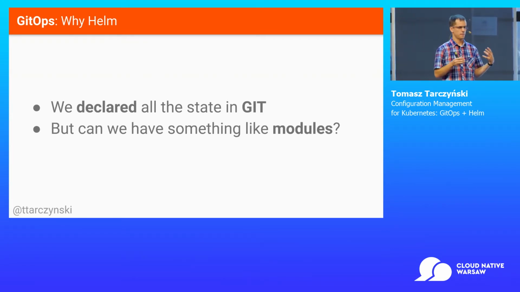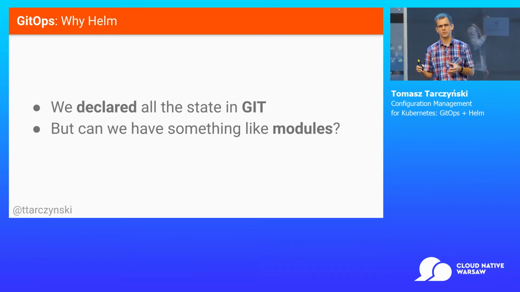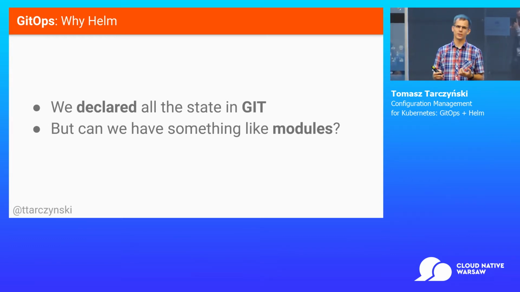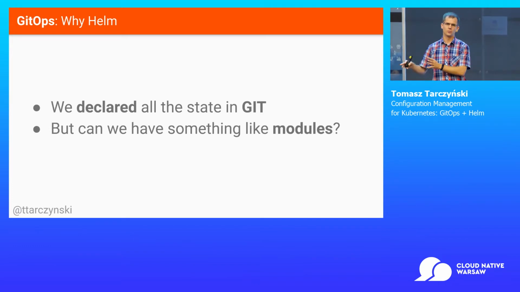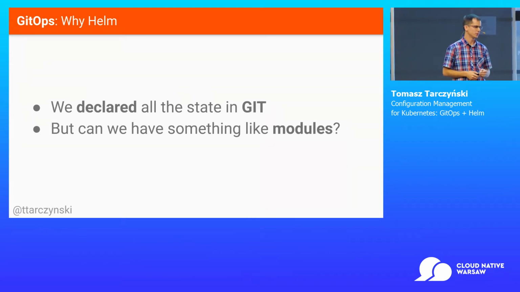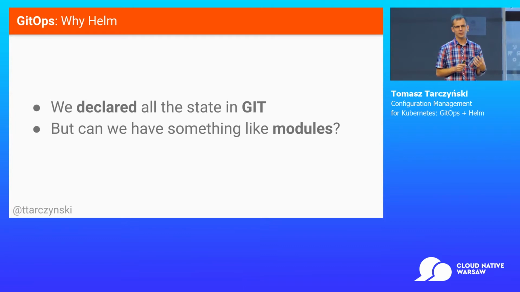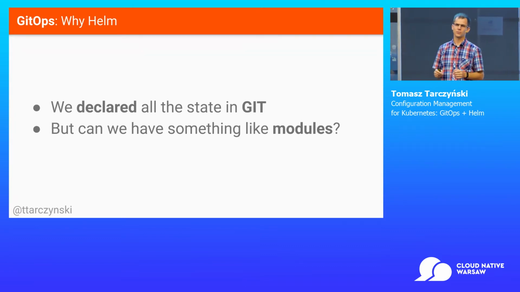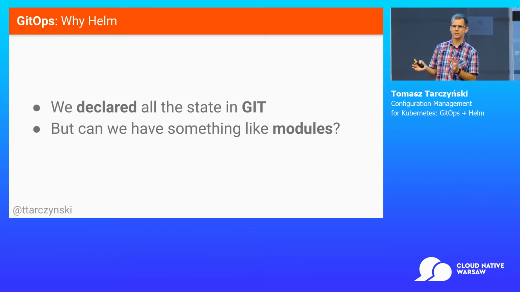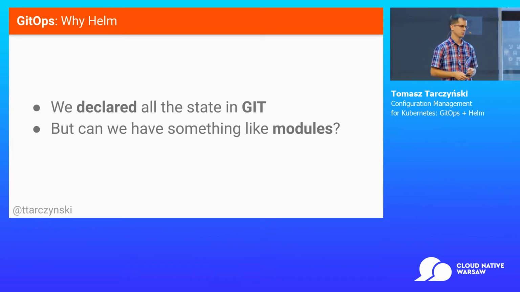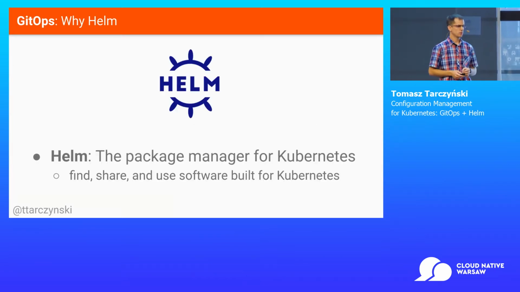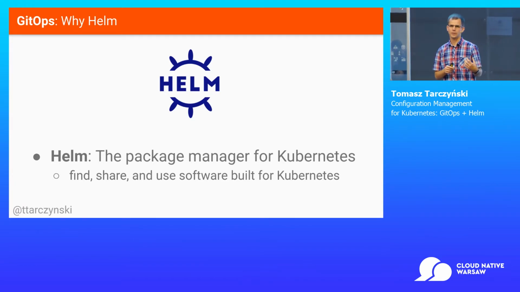So managing all of those would still be quite chaotic and would require a lot of effort on my side to put all those YAMLs into my Git repository. So I would really like to have something similar to modules, to describe some bigger number of those objects in one package, one description. So this is where Helm kicks in.